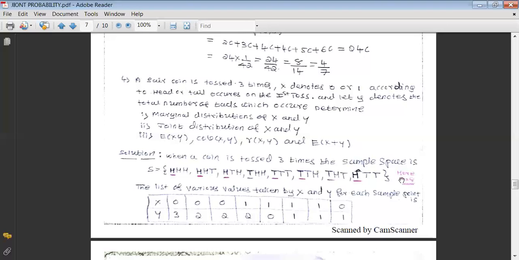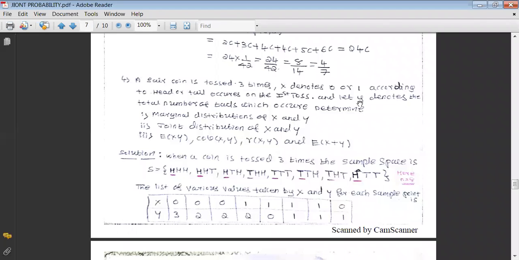Now for each of these sample points, let us write down the values taken by X and Y. First, let us note the sample space. Based on the sample space, we can write down those. There will be a slight correction in the statement of the problem.